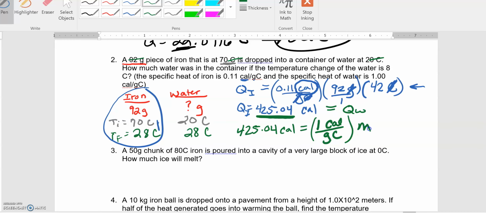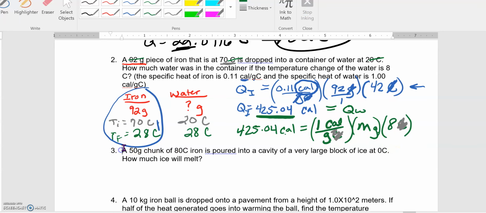The mass, that's my unknown part, so I'm going to leave it as M. And then my change in temperature was 8 degrees Celsius. So my Celsius is going to cancel out. My mass is going to be in grams when I'm all done, and that will take care of those labels. And then you'll notice my calories will end up canceling out here in just a second.